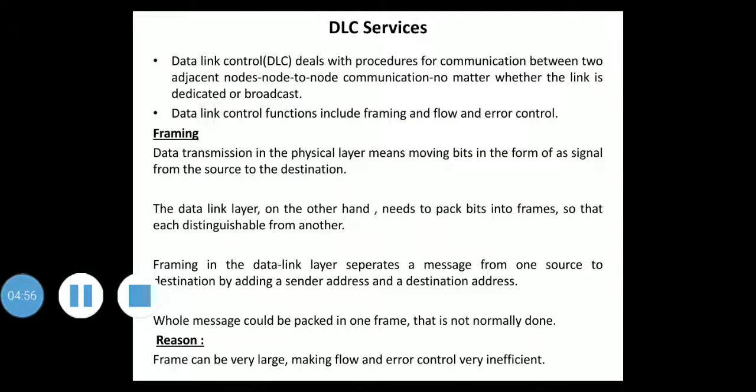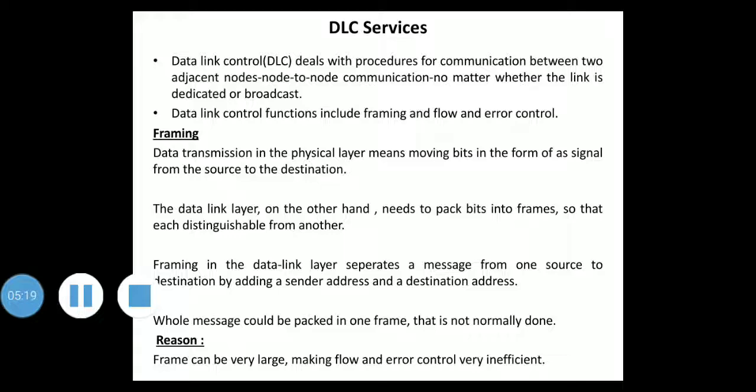Okay, so now we'll start with DLC services. The data link control, DLC, is going to deal with procedures for communication between two adjacent nodes, which is node to node communication, no matter whether the link is dedicated or broadcast.